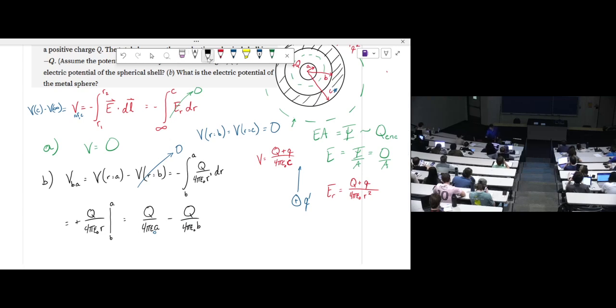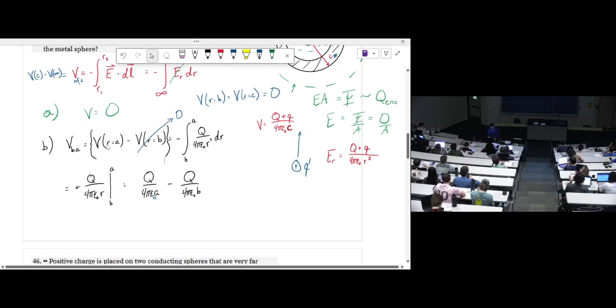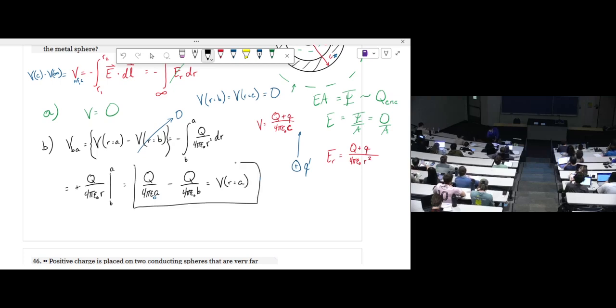We do get this statement is true right here. But let's say that we get, that means that V at R equals A, there we go, is equal to all of this right here.